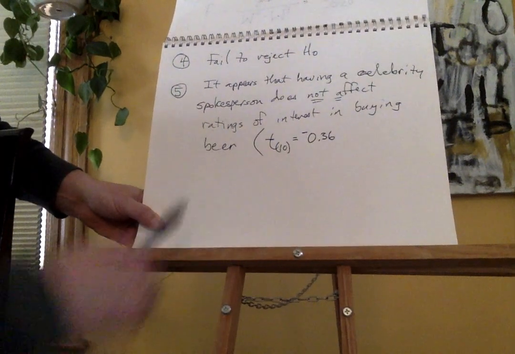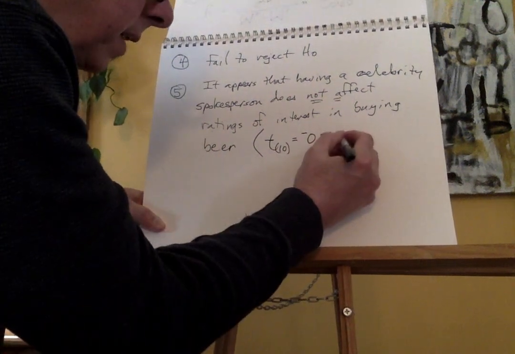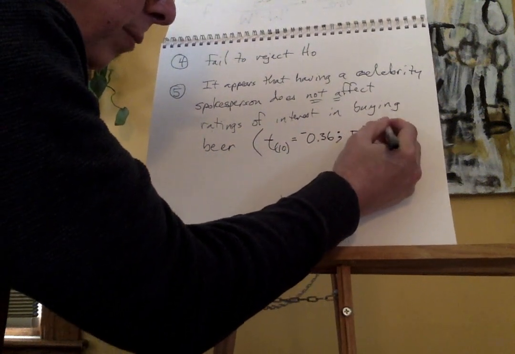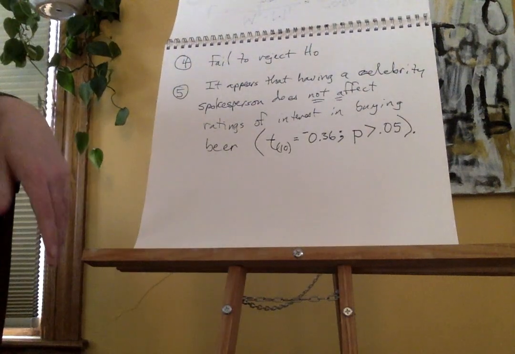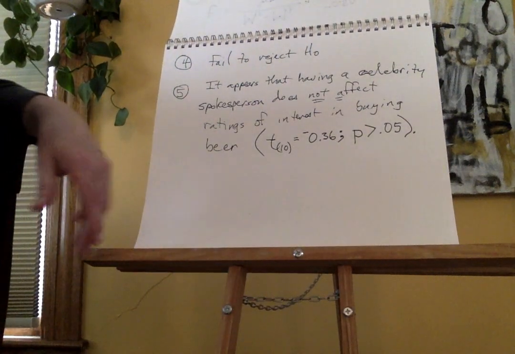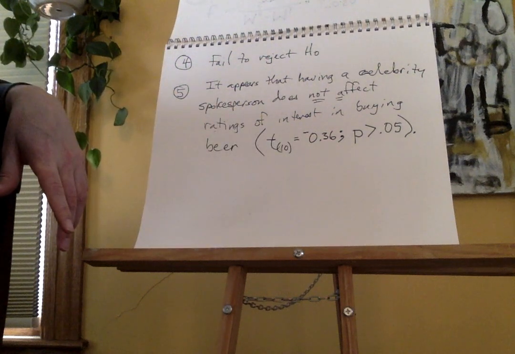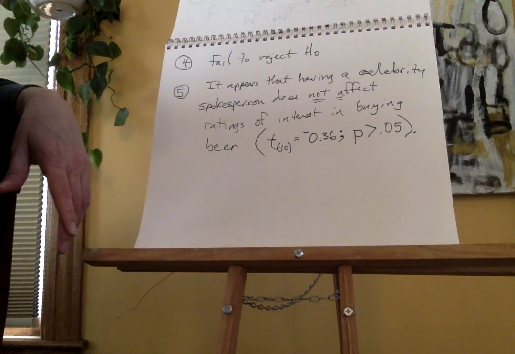I'm always going to put the observed value here, okay? And then the P now is greater than 0.05. That is, there's a greater than 5% chance that I'm going to see a difference that looks like this, okay? A T value. Okay? So, that is a two-sample t-test.